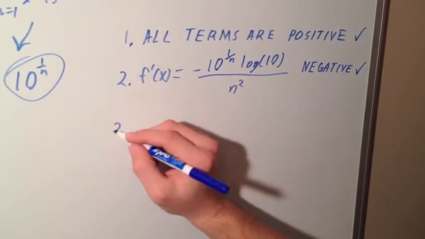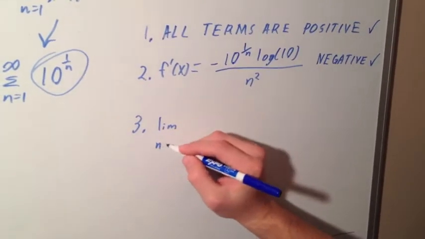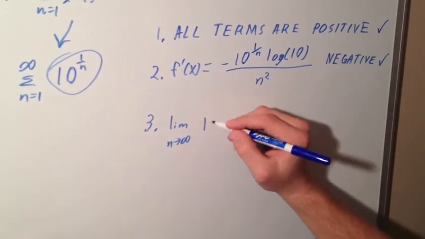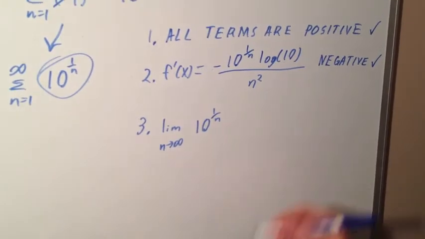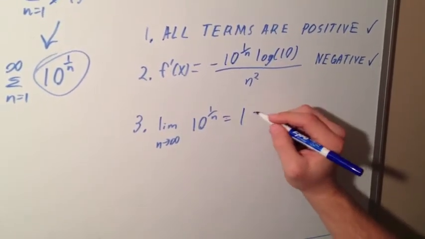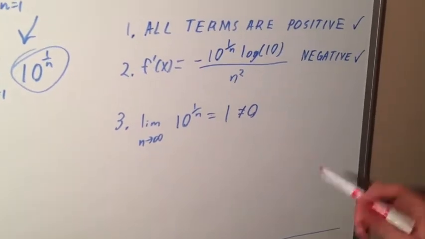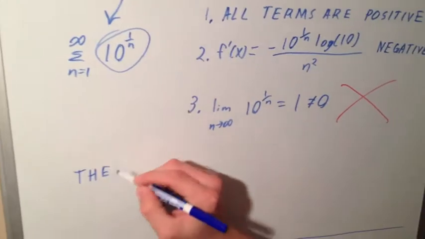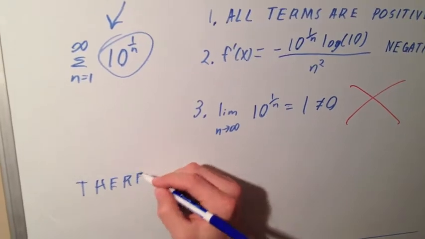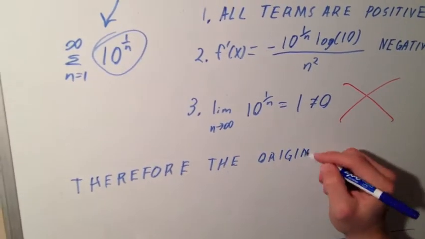For our last condition, we do the nth term test. Like before, we see that the limit as n goes to infinity of 10 to the power of 1 over n equals 1. Since this is not equal to 0, this condition fails to be met, and therefore our original series diverges completely by the alternating series test.